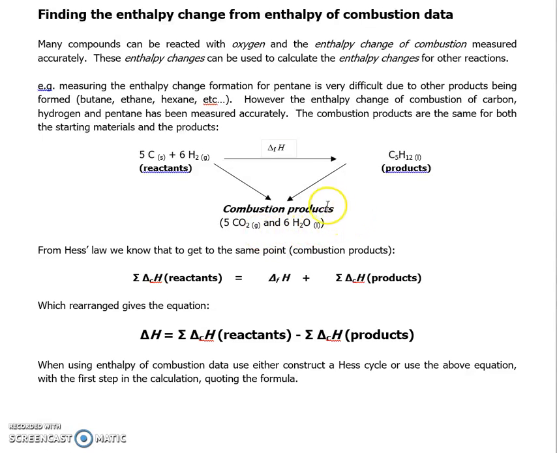So we have a common starting point and a common finishing point here.